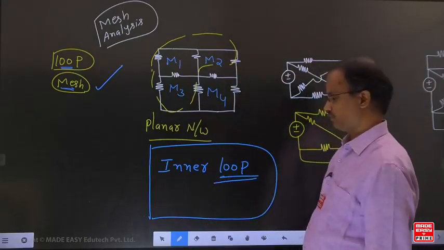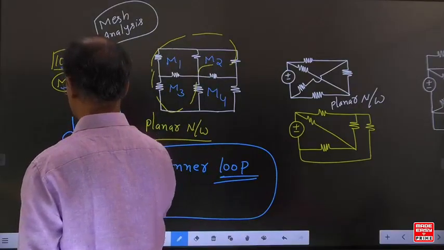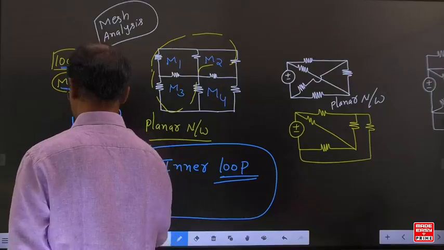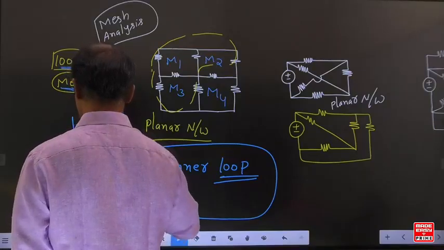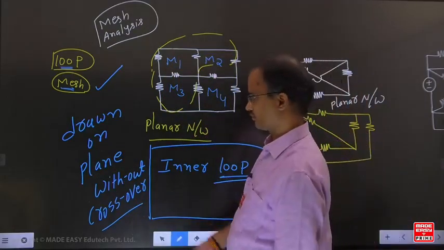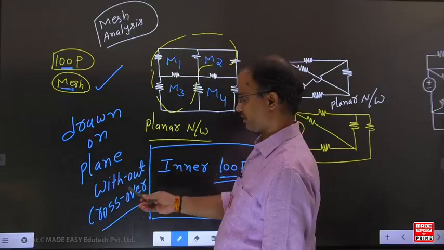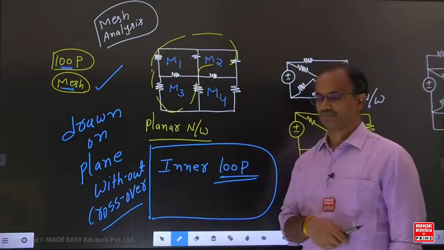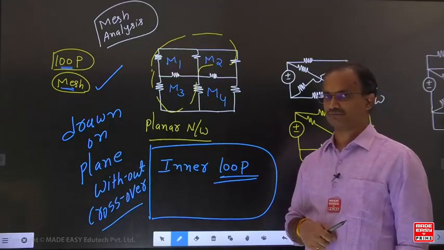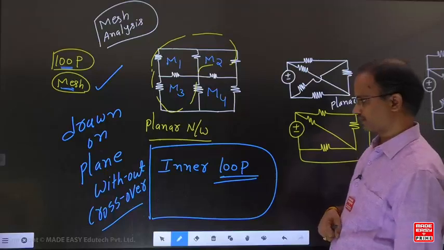Next point. When the network is drawn on a plane without any crossover, then it is known as a planar network.